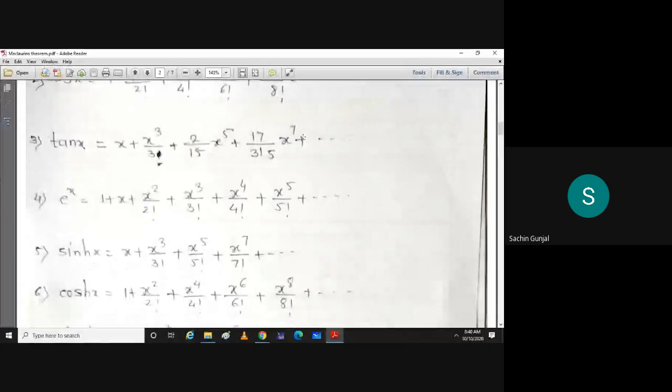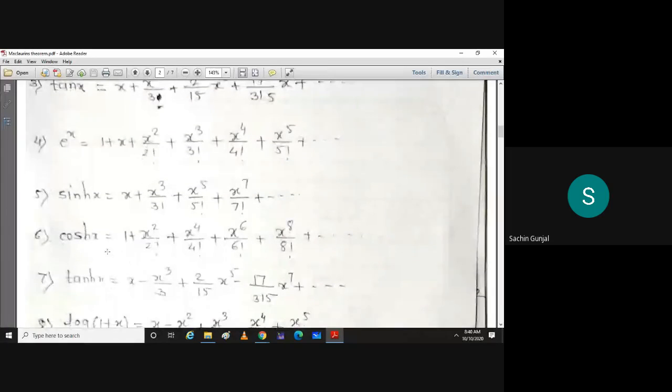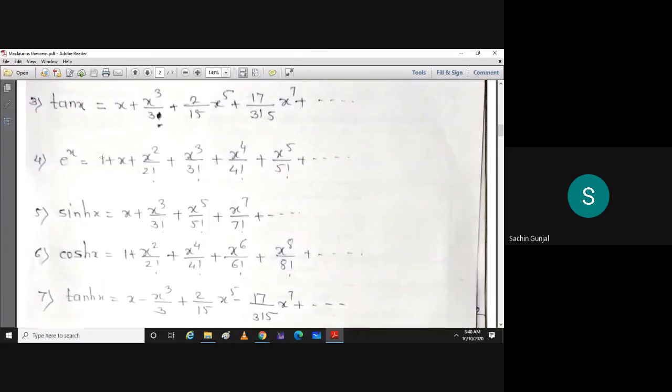Then tan hyperbolic x is x minus x cubed by 3 plus 2 by 15 x raised to 5 minus 17 by 315 x raised to 7. Alternate plus minus is there, and you can check that in tan x it is positive everywhere: x plus x cubed by 3 plus 2 by 15 x raised to 5 and so on. So note the differences.